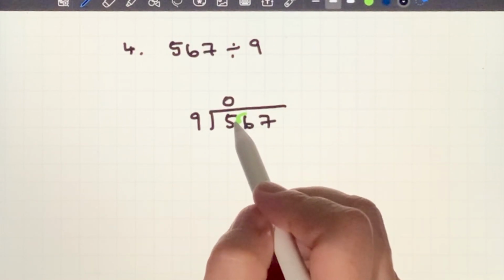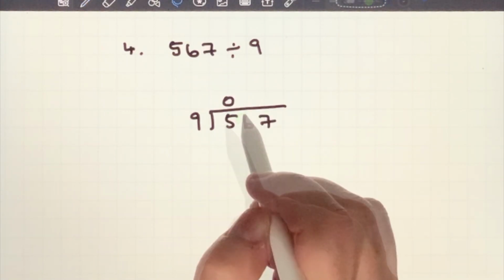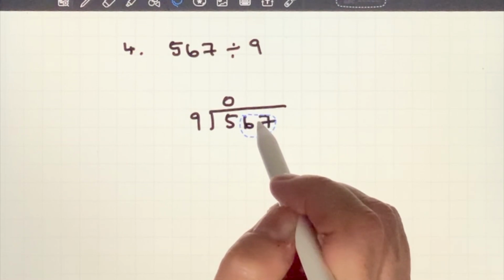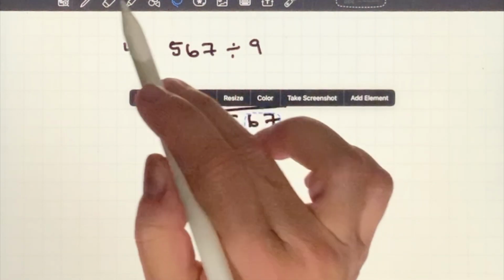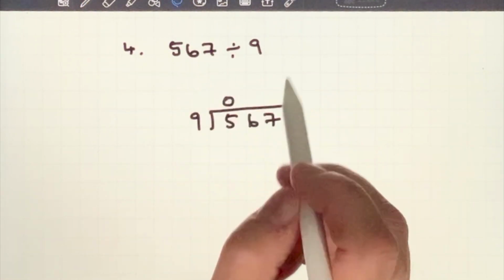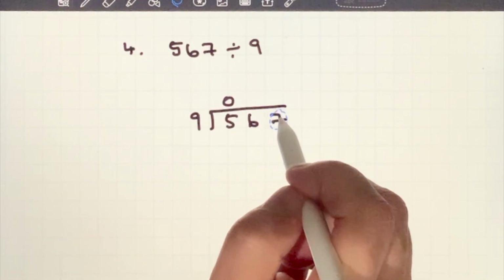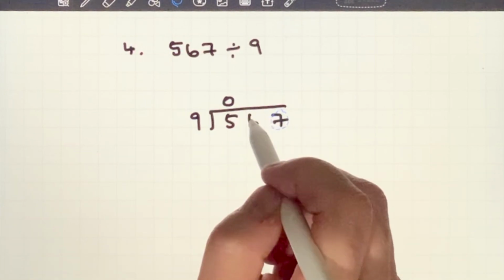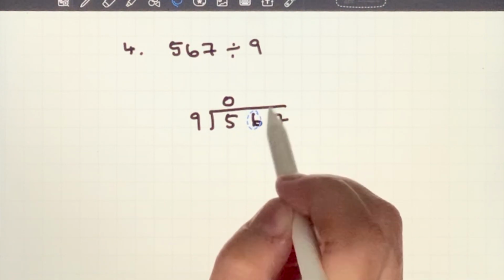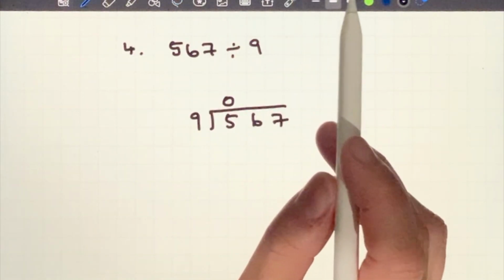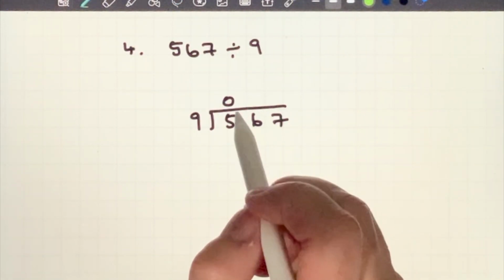9 into 56. I think I might just pull this apart a little bit. Like that. So there's my 5.